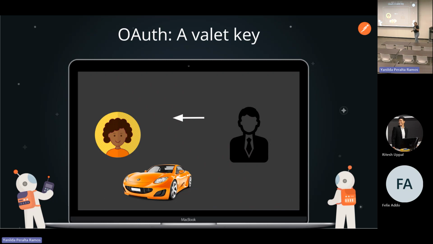Cool, right? But this valet key comes with a limitation. It does not have all the rights. So it's not going to allow the valet to open the trunk or the locker where you save stuff in your car. And it's not going to allow the valet guy to drive all the way to the sunset somewhere out there.